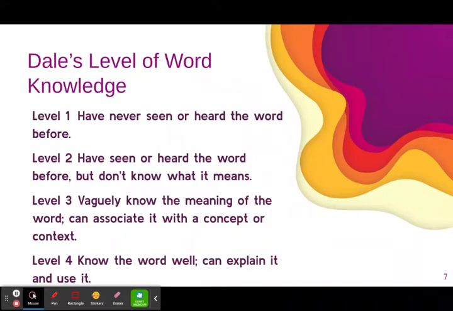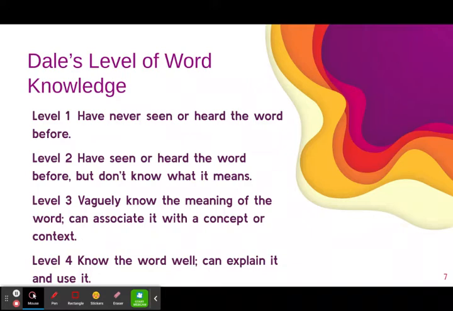So Dale's levels of word knowledge. This is really important to think about when you're teaching vocabulary. So you want to think, where are my students at with the vocabulary that I'm teaching? Is it level 1, where the word has never been heard of and never been seen?